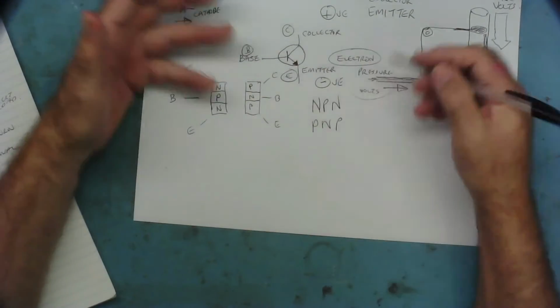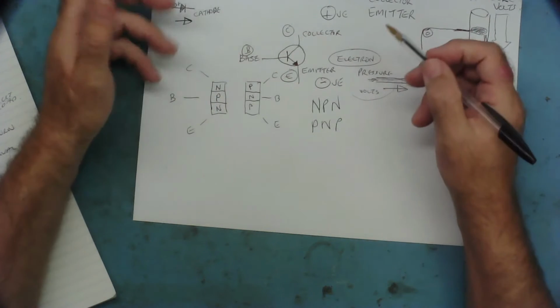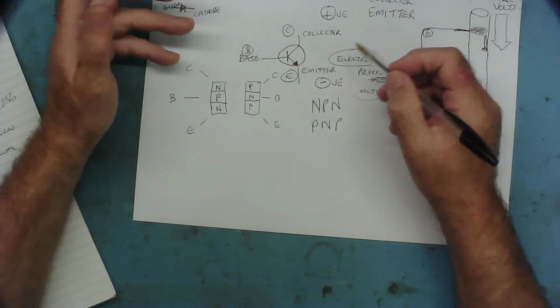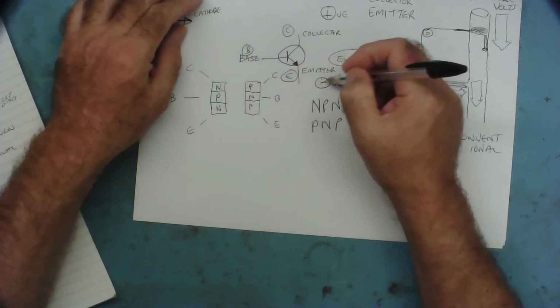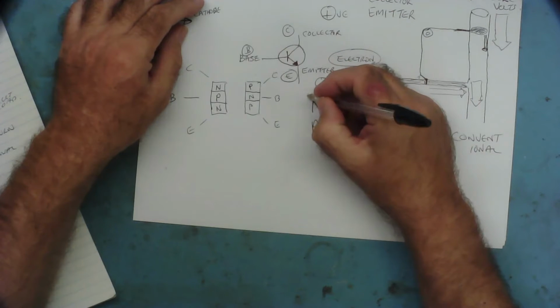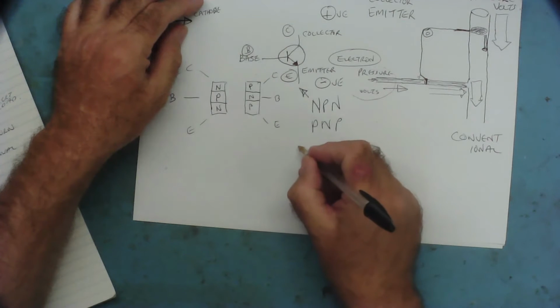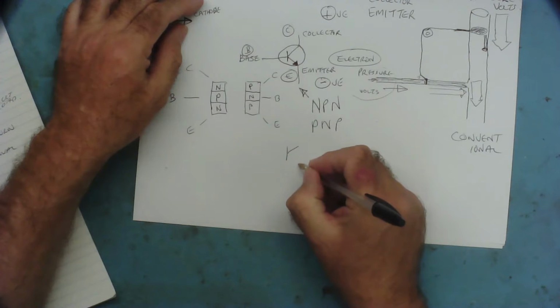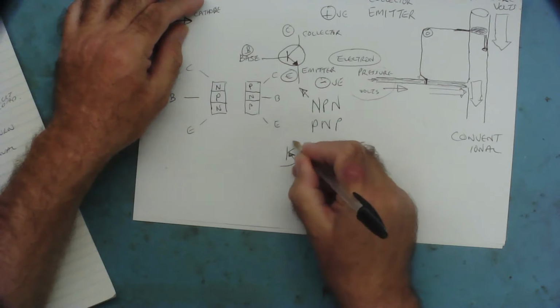So what is the difference between these two types? Well, it's to do with the direction of the current flow and the symbol. This symbol I drew you here, I said this is an NPN transistor. If you have a PNP transistor, it's drawn like this, with the arrow pointing the opposite way.